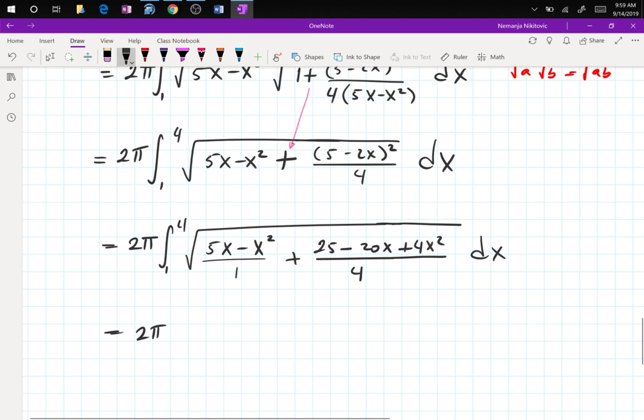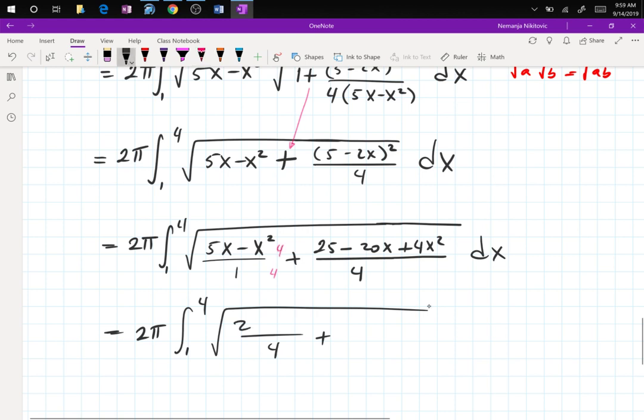2 pi integral 1 to 4. Now this first one needs to be over 4 to have the common denominator for the second one. So when you do over 4, you have to multiply top and bottom by 4 to get the common denominator.